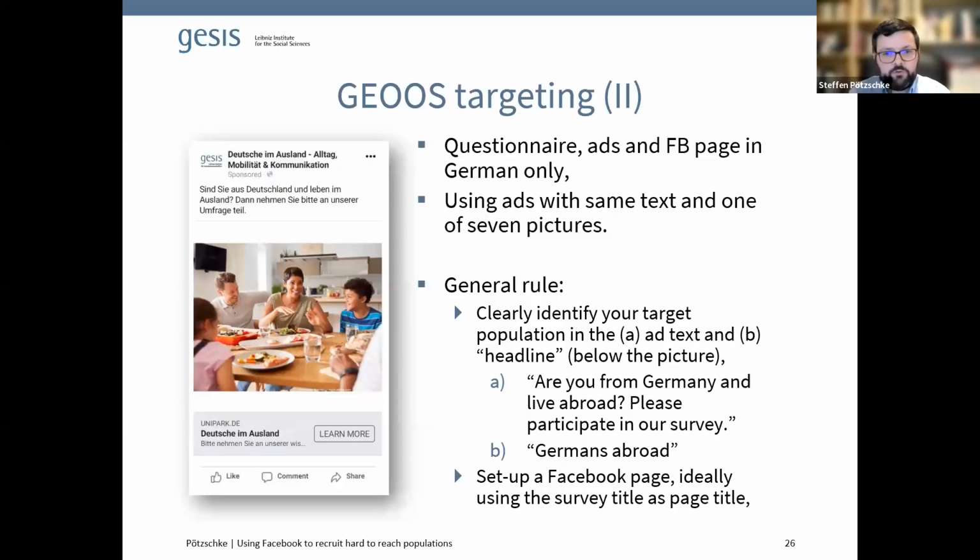So, are you from Germany and live abroad? If so, please participate in our survey. This is really clear. And then below the picture, you again have the short phrase Germans abroad, which should catch the attention of the target population.